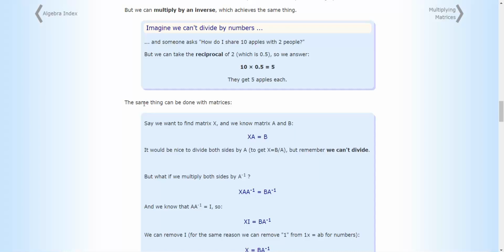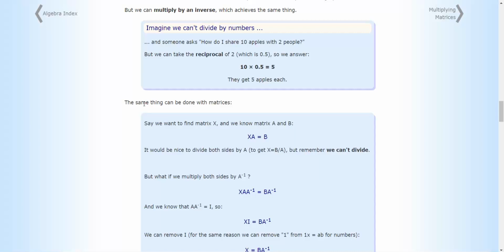Say we want to find matrix X, and we know matrix A and B. It would be nice to divide both sides by A, but remember, we can't divide.